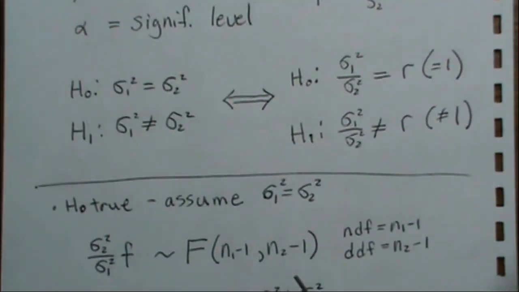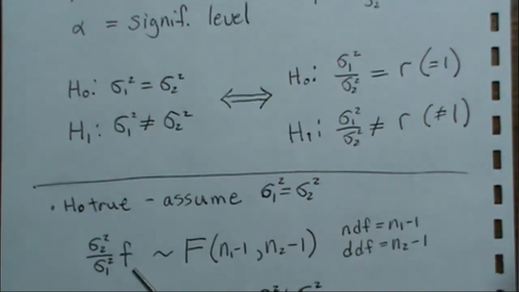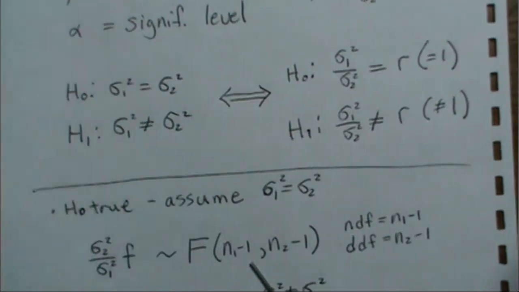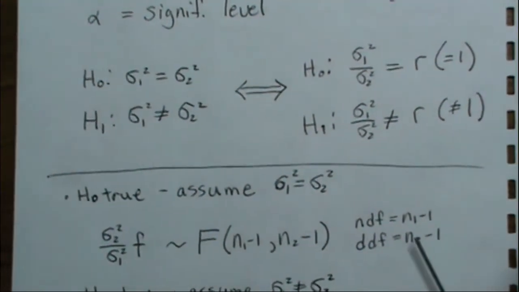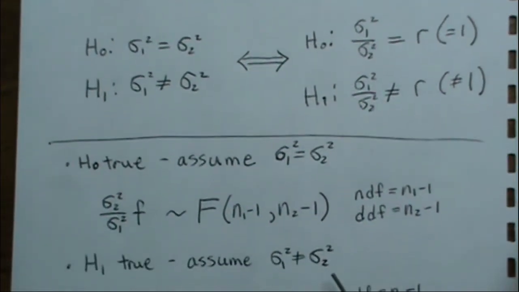So under the null hypothesis, the variances are equal. This is an F distribution. So you have to take our test statistic, multiply it by the population variances, and it's a central F distribution with N1 minus 1 numerator degrees of freedom and N2 minus 1 denominator degrees of freedom.